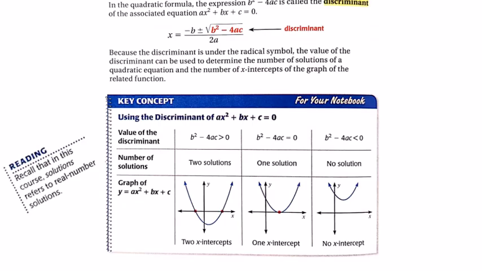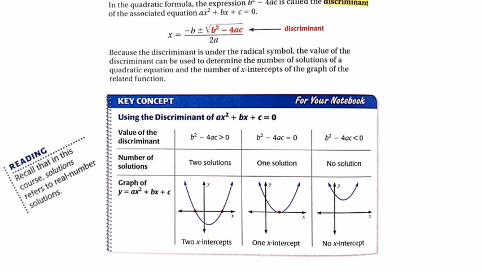Alright, so in the quadratic formula, we have this b squared minus 4ac piece. That is called the discriminant. Alright, so b squared minus 4ac, and it is associated, of course, with our quadratic in standard form, ax squared plus bx plus c equals 0.